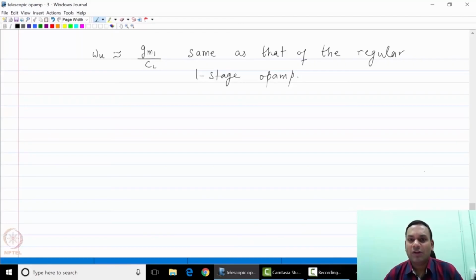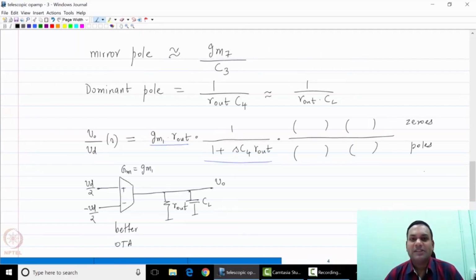You do have a whole number of extra, undesired poles and zeros, but at the end of the day, the transconductance is similar, the unity gain frequency is similar, and most importantly, the telescopic op-amp simply looks like a better operational transconductance amplifier because it has a larger R out.